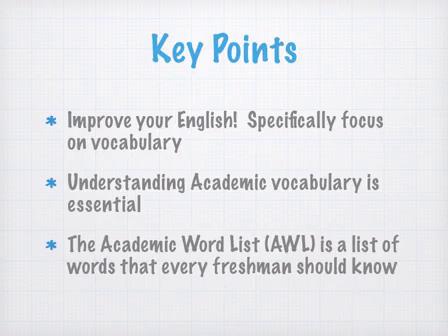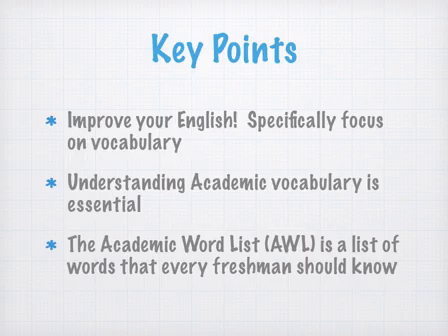And one specific focus that you need to be aware of is that you need to try and improve your vocabulary. Understanding academic vocabulary is essential, and the Academic Word List, the AWL, on the internet is a list of words that every freshman university student should know. Remember, the TOEFL is going to be focusing on university level texts.